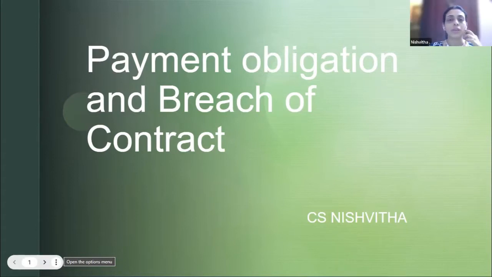Okay, what sort of an obligation can be imposed on a person? To do or not to do a particular duty, to fulfill the contract. One after the other, please. If multiple people speak, it's very difficult. Mithun, tell me.